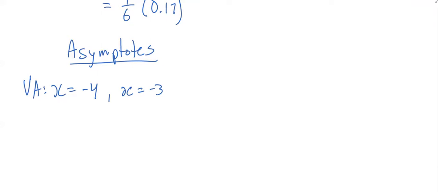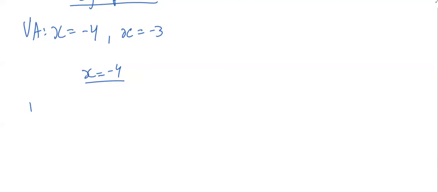Now we have to test them both. Every test requires two values. So I'm testing x equals negative 4 first. What are some good values to test around negative 4? Yeah, and?